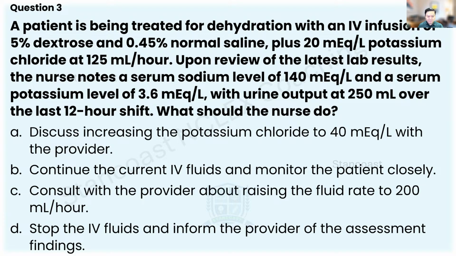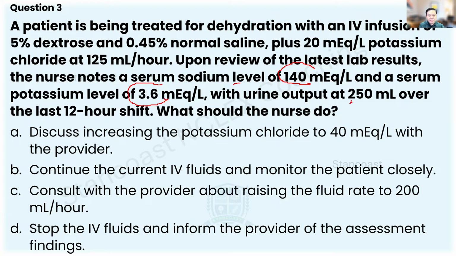Your answer, please. So your patient now is being treated for their dehydration, and they are receiving IV fluid D5, half normal saline with 20 milliequivalents of potassium at 125 mLs an hour. Now your patient's lab results showing 140 of sodium, whereas their potassium level is 3.6.